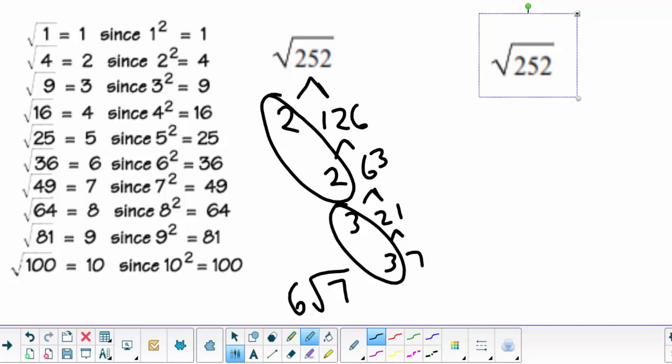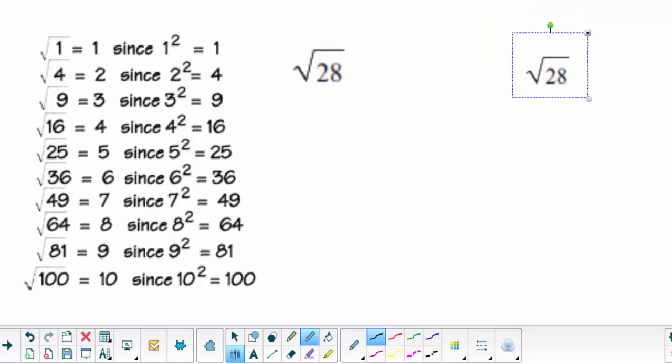I would start at like 121, but it doesn't divide in evenly. That's 11 squared. Then try 100, 81, 64, 49. And once you get to 36, you'll see that 252 is 36 times 7. So then you can simplify it and make it 6 radical 7. Having a calculator in your hand will make these a lot easier.